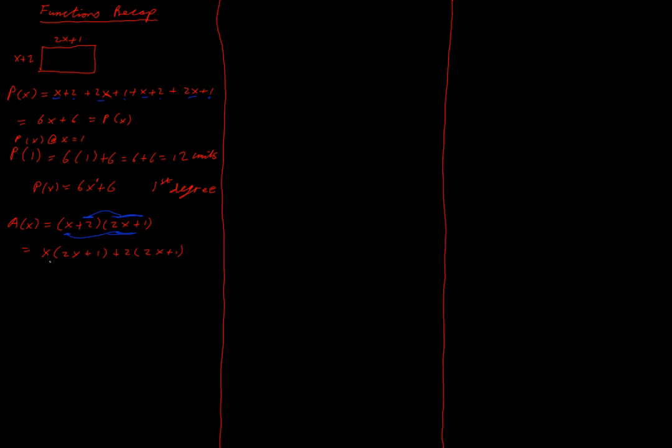And I'd multiply that all out. 2x squared plus x plus 4x plus 2. Gathering like terms, that gives me my area in terms of x. So A of x for area in terms of x.